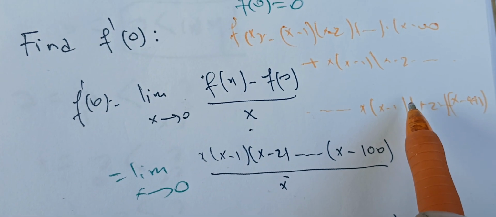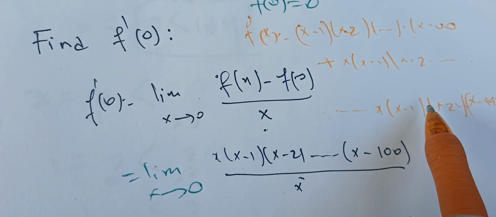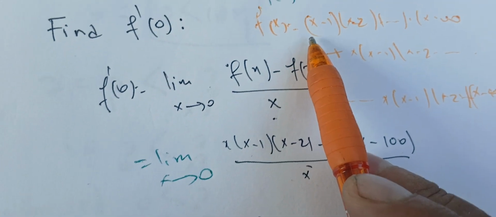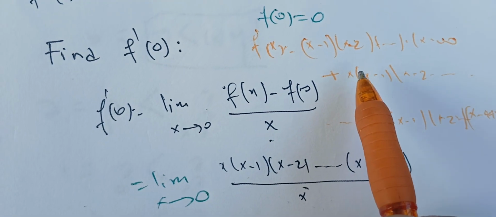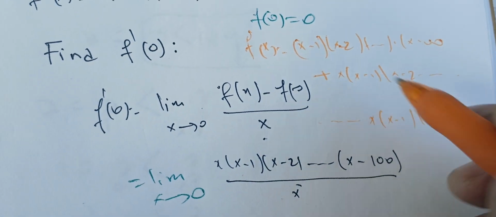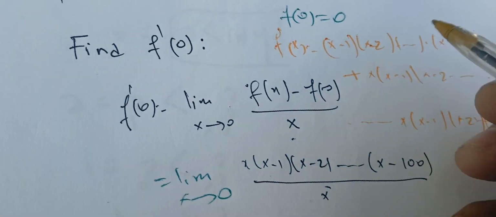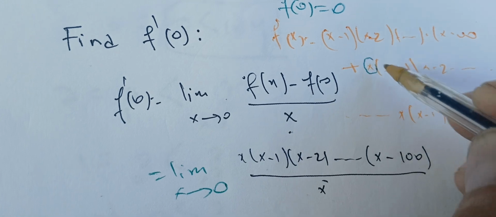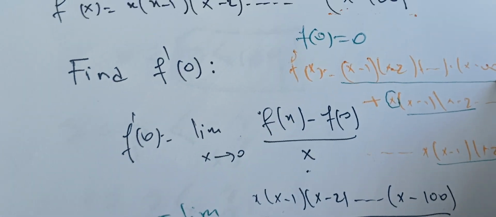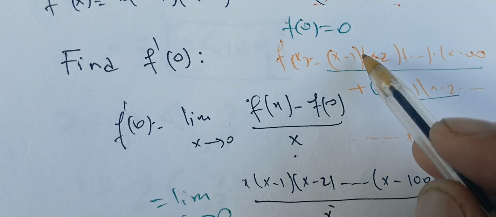Now, if we plug in 0, all these terms will be 0, those having x in the front. All the last terms vanish except this first one, which is (x minus 1).